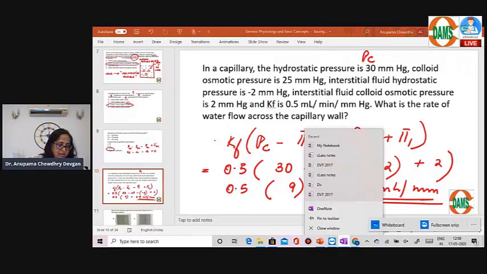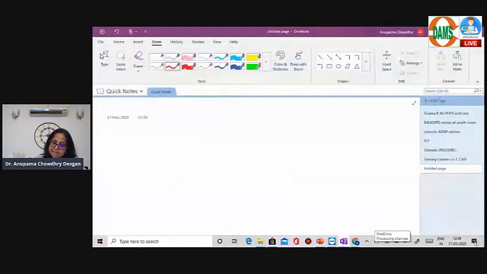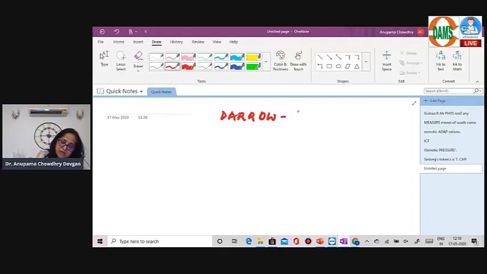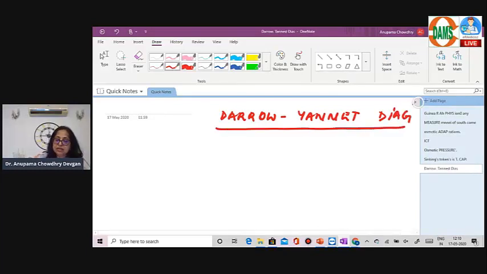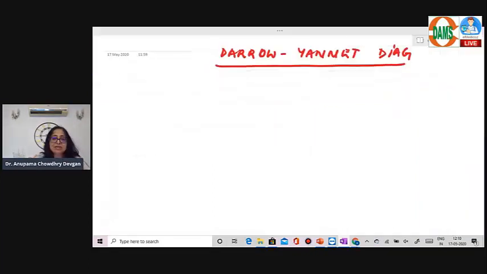Let's go on to the next thing. The next thing I'm going to discuss with you is the Darrow-Yanet diagram. Whatever we have learned up till now, we are just going to consolidate it and apply it to clinical situations, the applied part. That is your Darrow-Yanet diagram. Now, what is a Darrow-Yanet diagram? This is also sometimes known as the DY diagram.